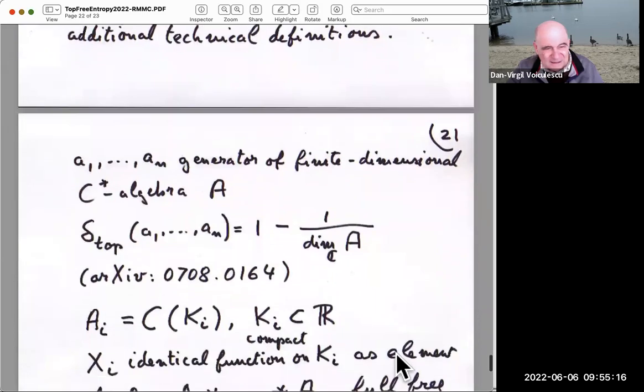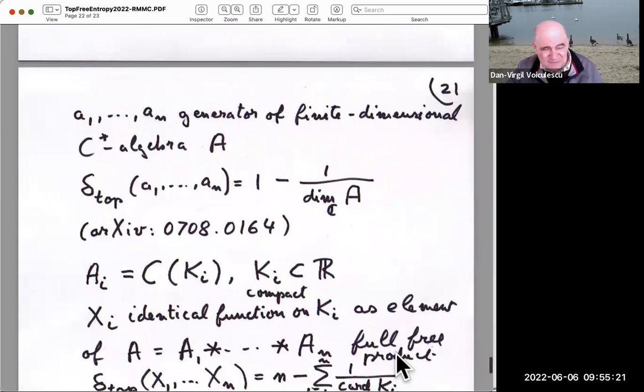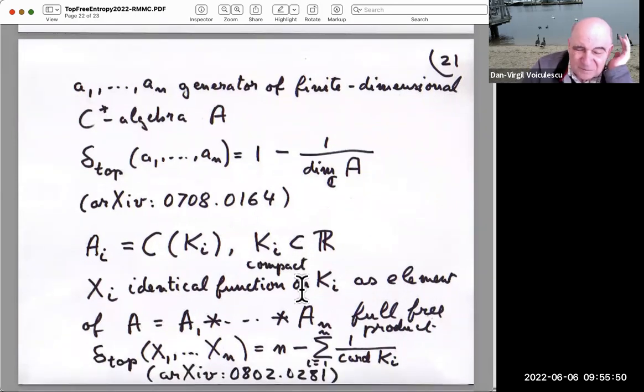Another situation is when you take the full free product of algebras A1, ..., An, where the Ai are commutative algebras, the continuous functions on some compact subsets Ki in R. So they are C-star algebras with one generator, and you take the full free product.